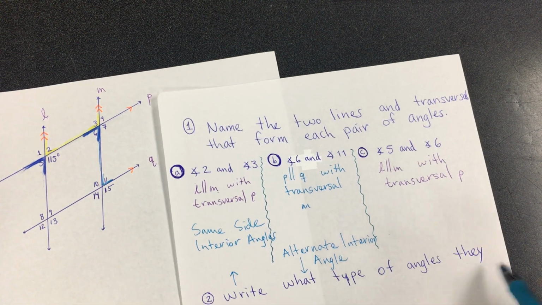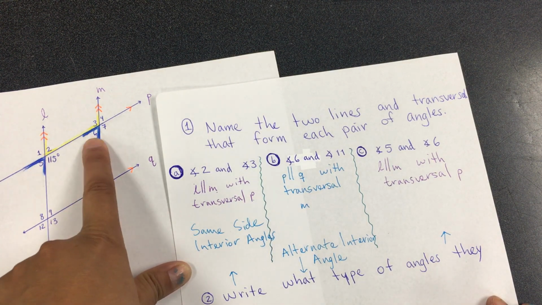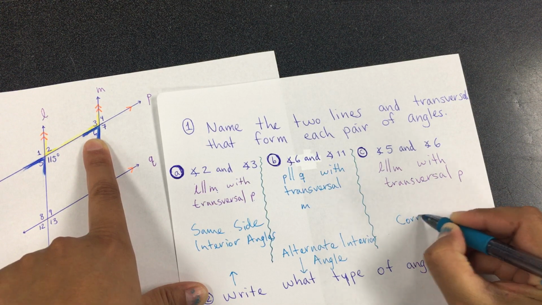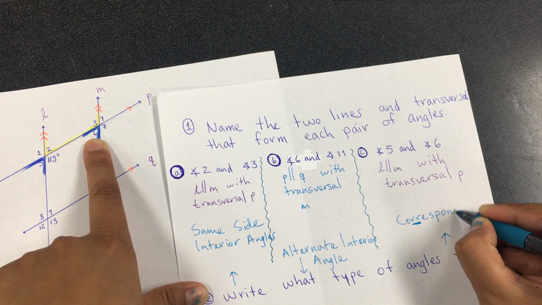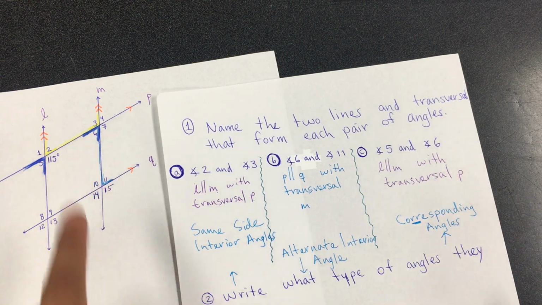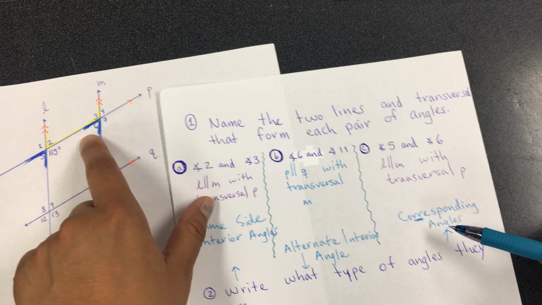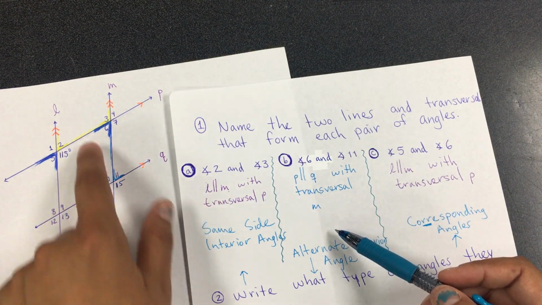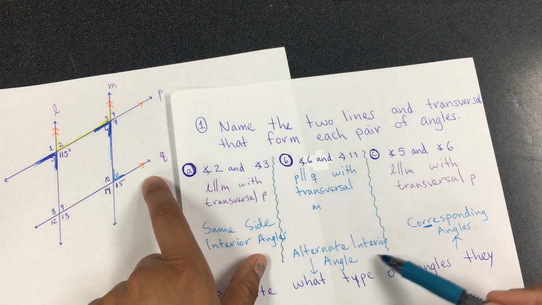What kind of angles are they? Well, they form the little boots or double L. And I think of double L as, oh, if it has a double L, then in the name there is a double R, corresponding angles. Double L, or double boots, then double R. If it forms a letter Z, from the A to the Z, so it's alternate interior angles.